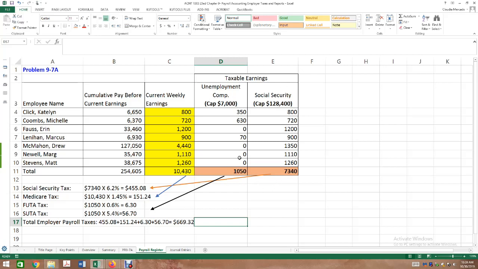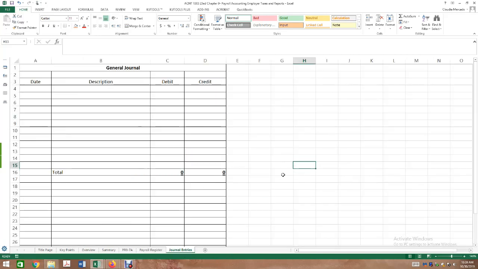Once you have a total for each of those categories, then you just apply the different rates provided. Social Security is at 6.2, Medicare 1.45, FUTA 0.6%, and SUTA 5.4%. Now that we have this information, the journal entries are a piece of cake. We're going to use this information to journalize our entry.